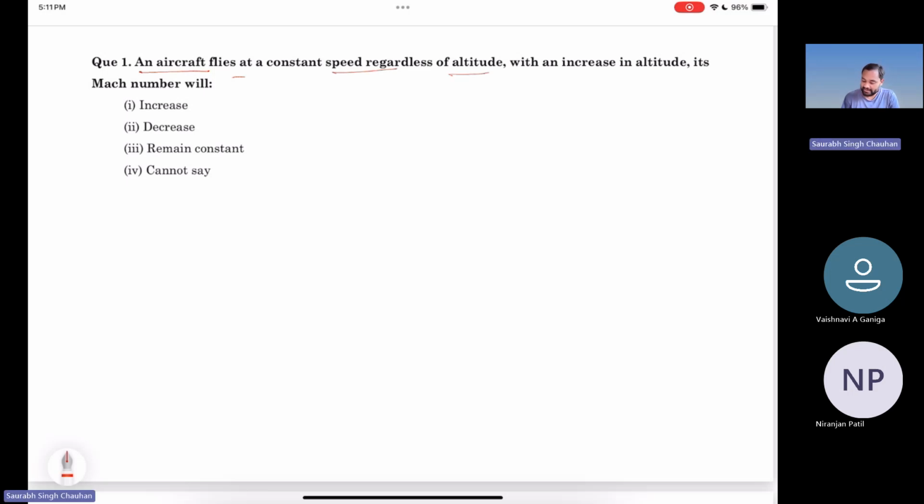With an increase in altitude, its Mach number will: we have four options. Will it increase, or will it decrease, or will it remain constant, or we cannot decide based on this given information. I think this is a very easy question because this has already been discussed in the lectures. If anyone of you can answer in the comment section, or you can unmute yourself and tell the answer.